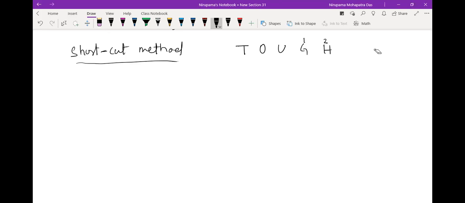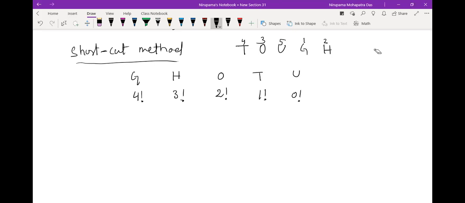First G, then we write H here, then we write O, give little bit space in between. Then we can write T here, then you write U here. Then you start from right hand side, 0 factorial, 1 factorial, 2 factorial, 3 factorial, 4 factorial.